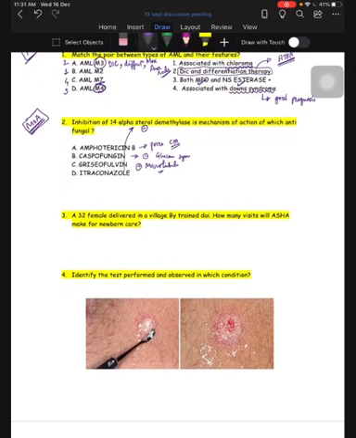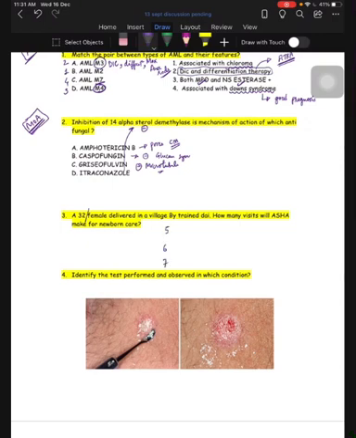Next question: a 32-year-old female delivered in a village by a trained dai. How many visits will ASHA make for newborn care? This is a very commonly asked question of PSM. So remember it as 5, 6, 7.